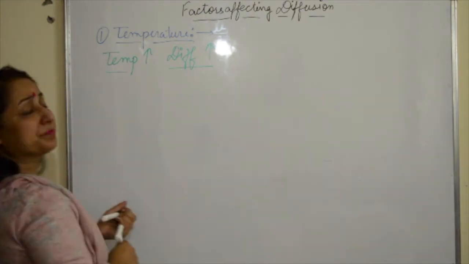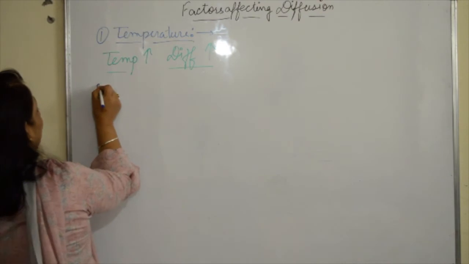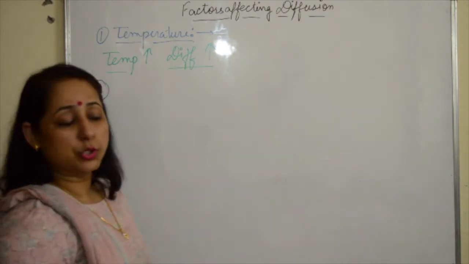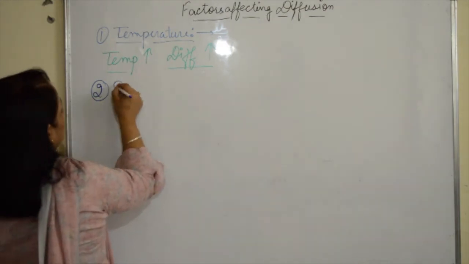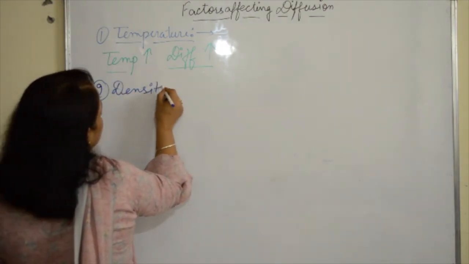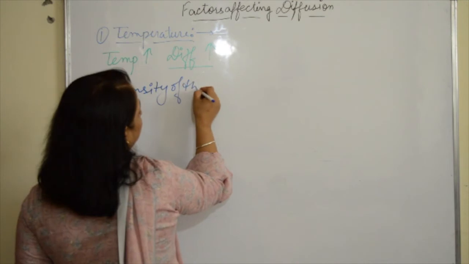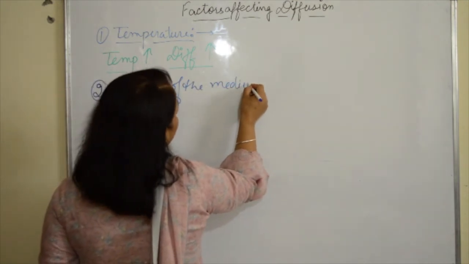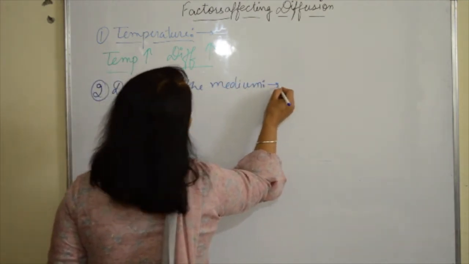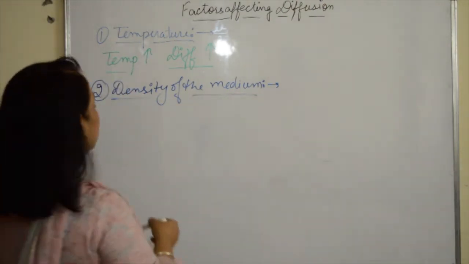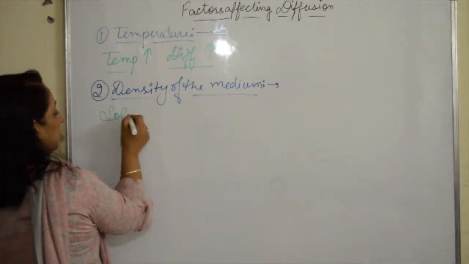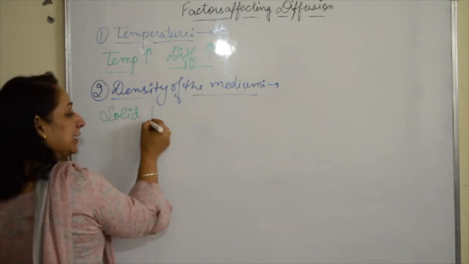Next, the second factor which affects the rate of diffusion is the density of the medium, that is, how dense the medium is. Like for example, we have three types of medium: solid, liquid and gases. So if it's a solid, diffusion rate is less.